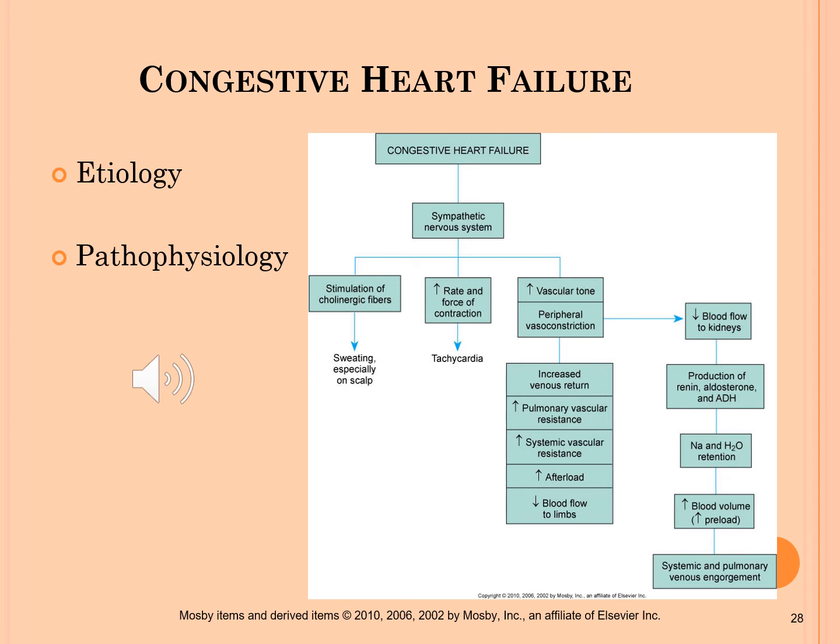A damaged heart muscle actually leads to what with your cardiac output? You really should be saying decreased cardiac output, right? So damaged heart muscle leads to decreased cardiac output, which in turn leads to decreased blood flow to what specific organ? What are we most often worried about? That would be decreased blood flow to the kidneys, right?